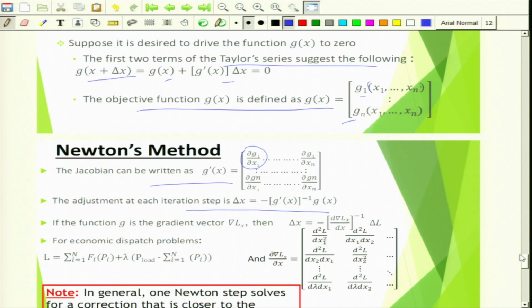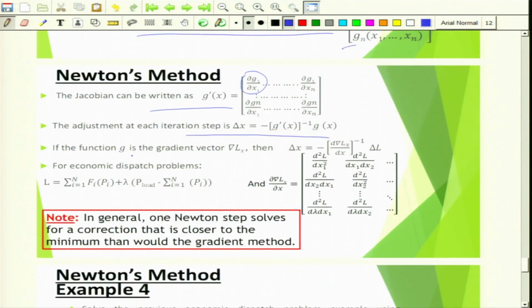Just from Taylor series, you can see here g of x plus g dash of x into delta x is equal to 0, right. Obtain delta x from this, that is minus g dash of x whole inverse into g of x, right. If the function g is the gradient vector, gradient of L of x, then delta x is equal to minus d by dx of gradient of L inverse into gradient of L, right.